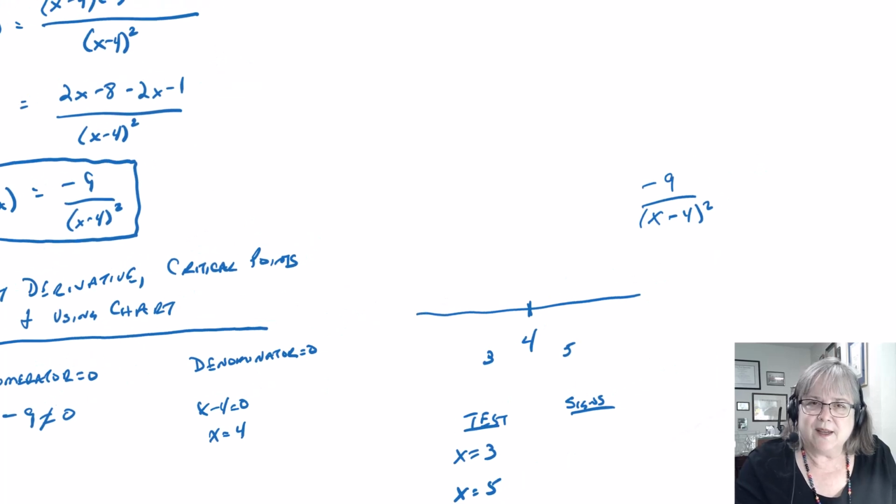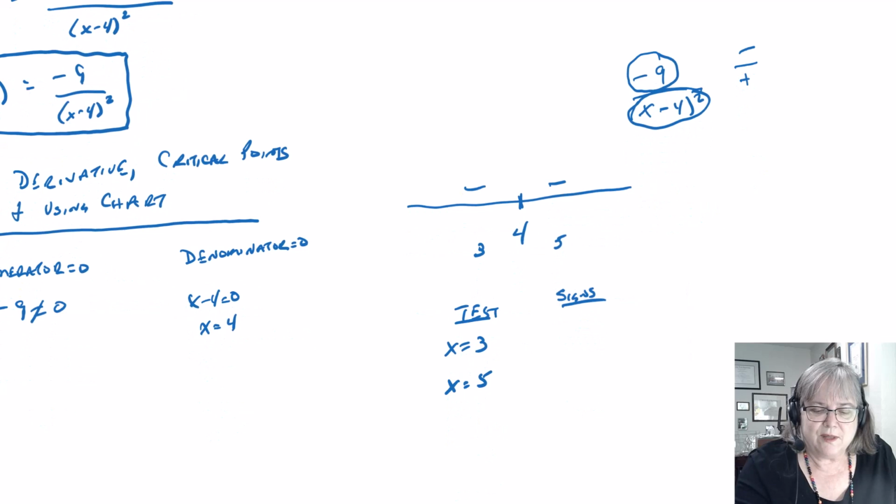But in this case, it's really kind of trivial because, look, the top is a -9, so it's always going to be a negative because you're not substituting any other value in there. And no matter what x is, after you subtract 4, even if it is negative, after you square it, it's going to be positive. So it's always going to be a negative divided by a positive, so these are always negative. Okay? So this is decreasing and this is decreasing.